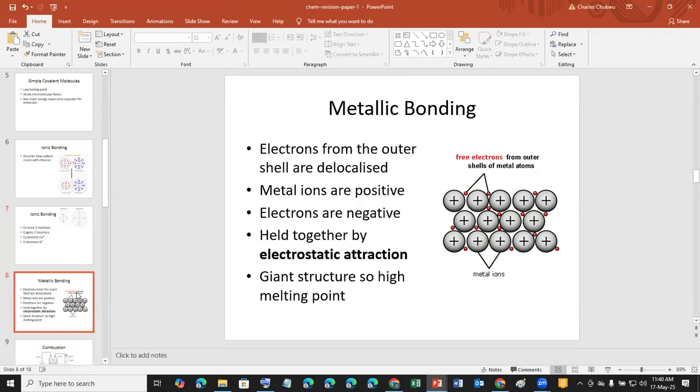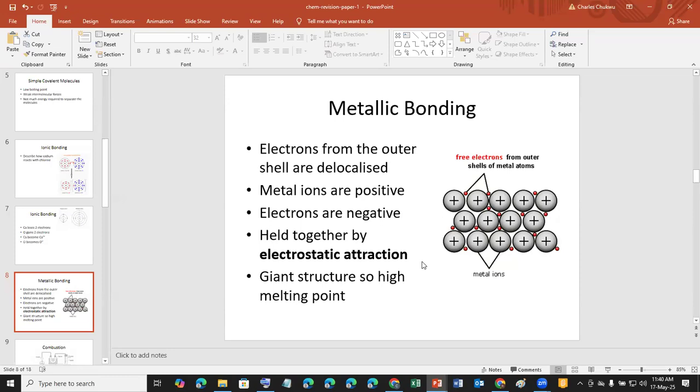All right, so let's look at metallic bonding. We said this before, but I think there are some things that were mentioned here. Electrons from the outermost shell are delocalized. Metal ions are positive and electrons are negative, held together by electrostatic attraction.